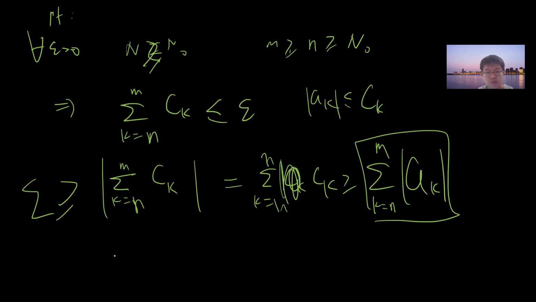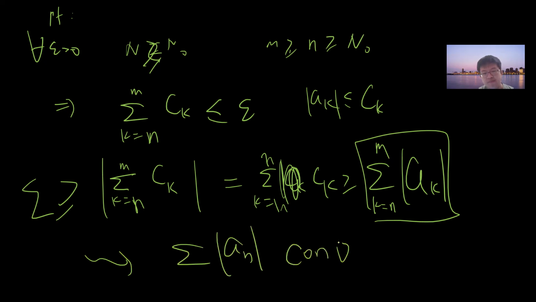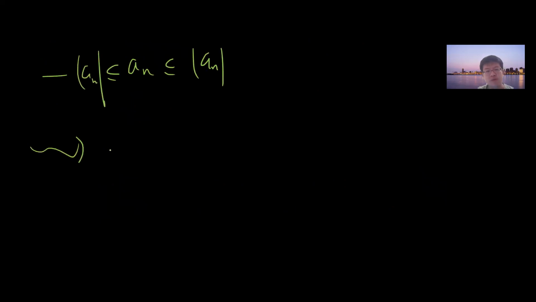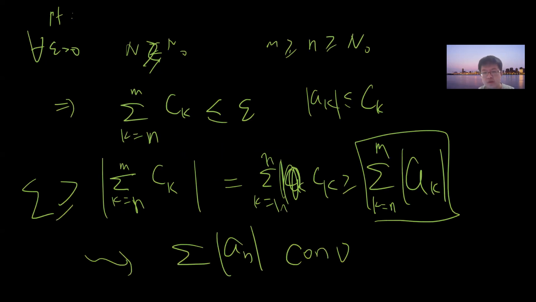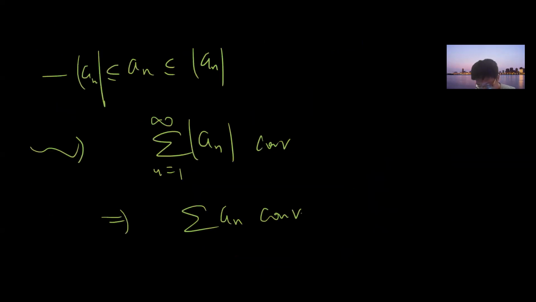So that is less than epsilon, which tells you the sum of |a_n| converges. And notice that a_n is less or equal to |a_n|, and a_n minus |a_n| is also controlled, so once you prove these converge, it is easy to show that these converge. For the same reason you can just use this definition. Yeah, so we proved A.